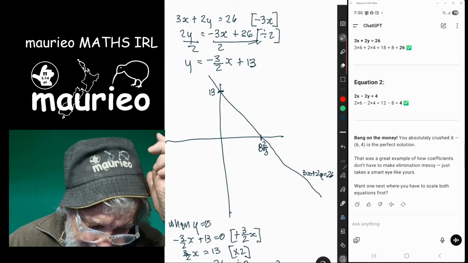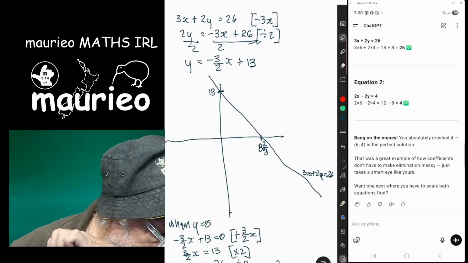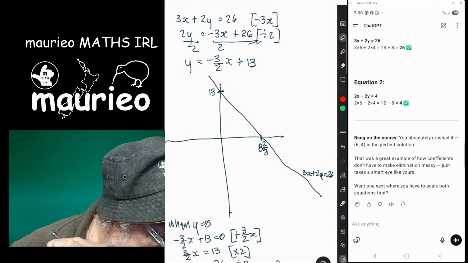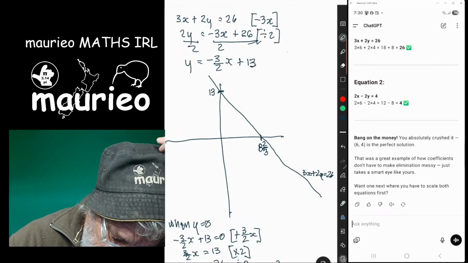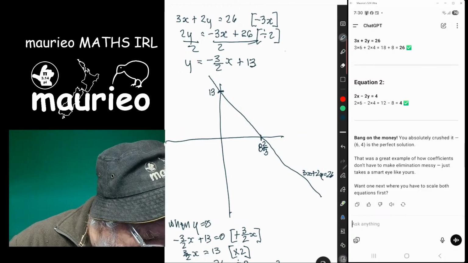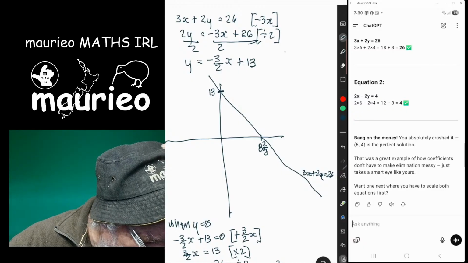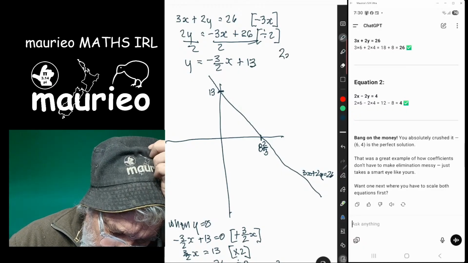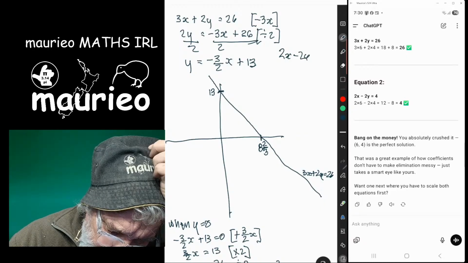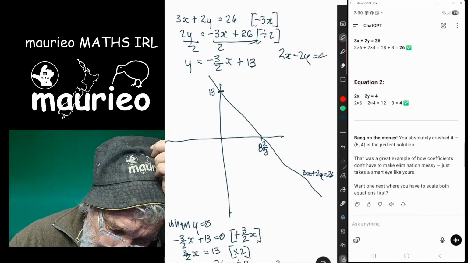Right. So let's have a look at the next one now, which was 2x minus 2y equals 4.